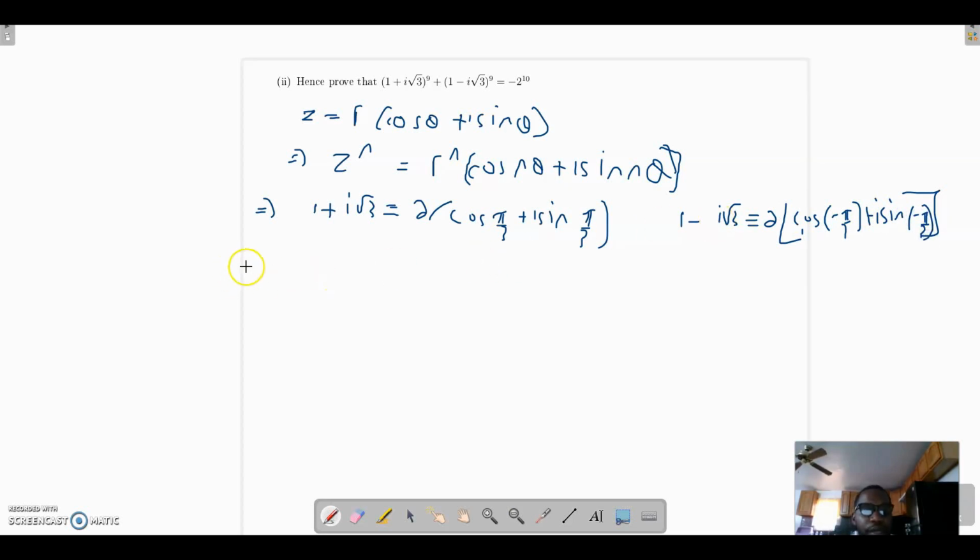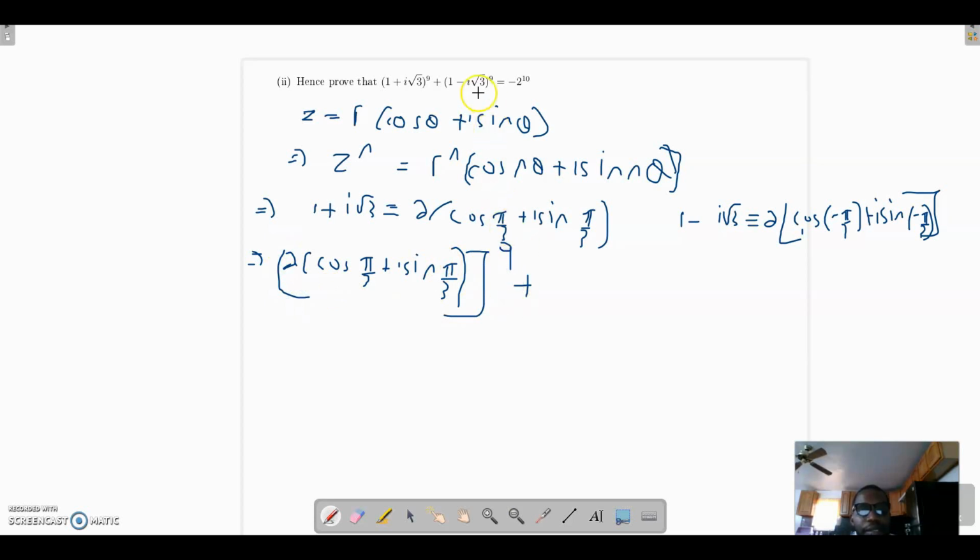Alright, so putting all this together, what am I going to get? I'm going to have 2, open bracket, cos pi over 3 plus i sin pi over 3, all of this raised to the 9th power.